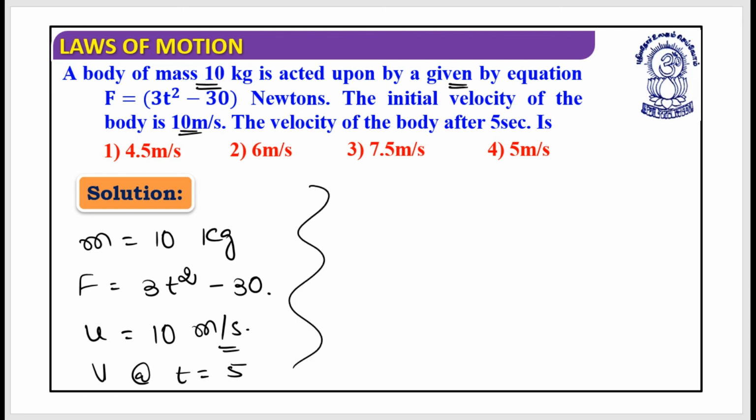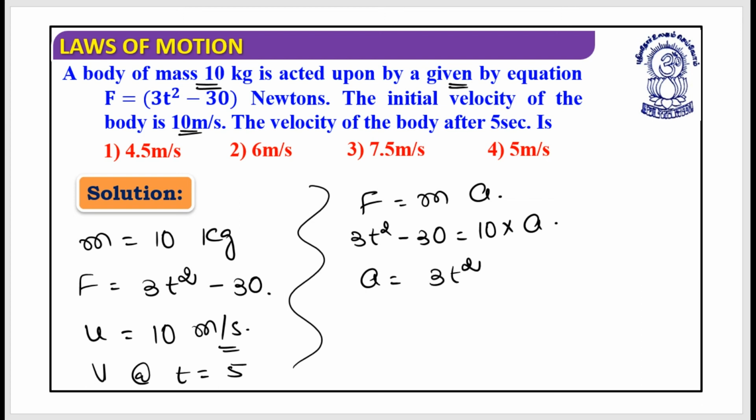What I understood is that F can be written as m into a. This force, 3t square minus 30, equals mass 10 into acceleration a. So a equals 3t square minus 30 divided by 10.